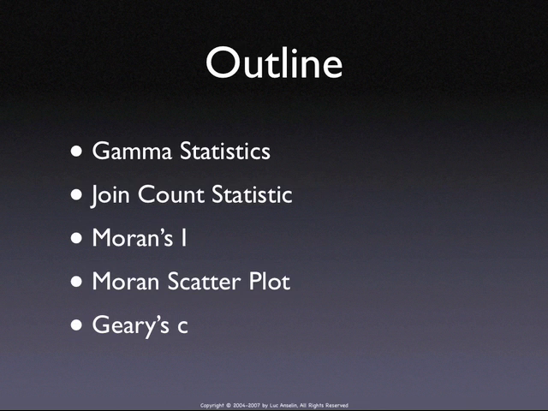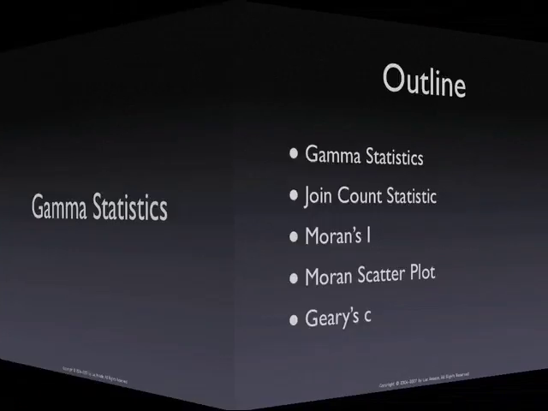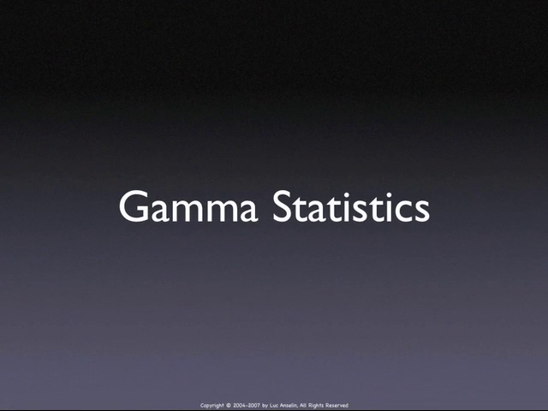Then we'll see how we turn that statistic into a general spatial statistic, and then see how each of the well-known statistics, specifically the joint count, Moran's I, and Geary's C, are actually nothing but special cases of this gamma statistic, or general cross-product statistic. And then for Moran's I, we'll see a way to visualize it, the Moran scatter plot, which is basically the way that GeoDa implements Moran's I.